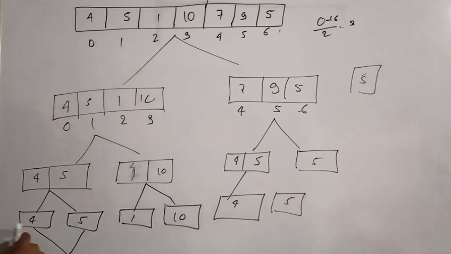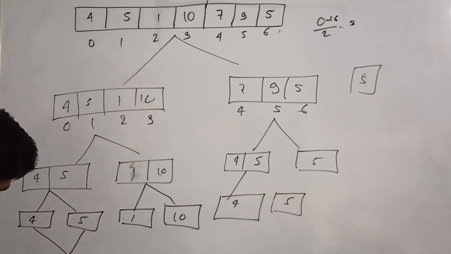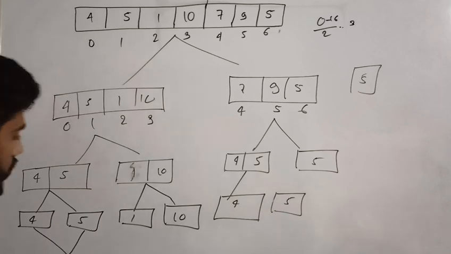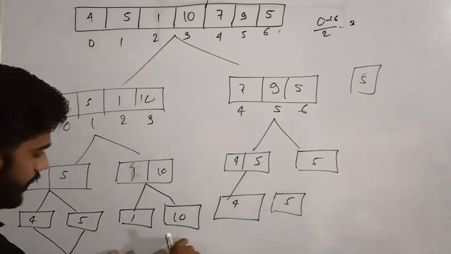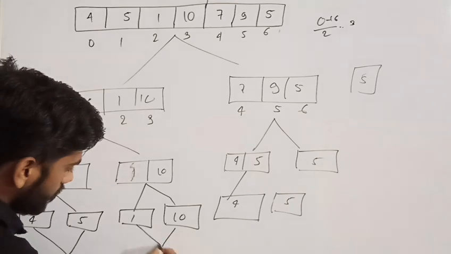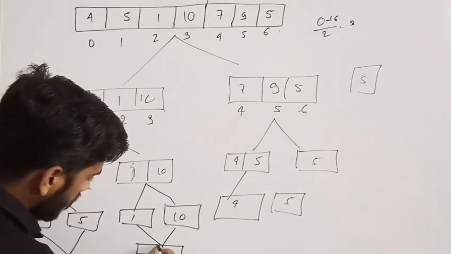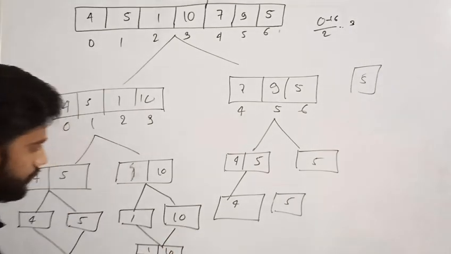Then 4 and 5 will be in sorted order. It becomes 4 5. Again it will be 1 and 10, then it will be merged, and it becomes 1 and 10.